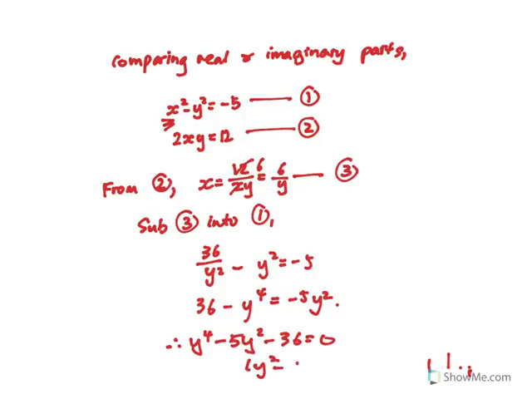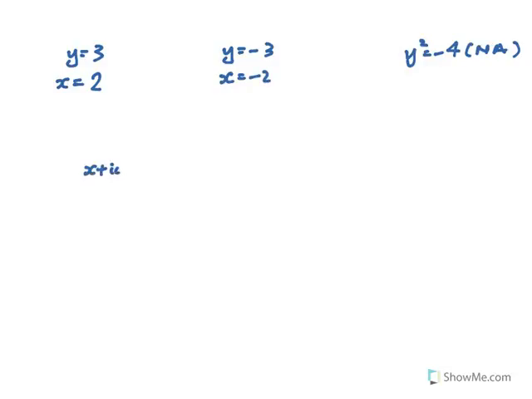You have (y² − 9)(y² + 4) = 0, and it follows that y equals 3 or −3. Y² + 4 has no solution, because remember y is real. So y² = 9, y = 3 or −3, and substituting back into your equation, you have x = 2 for y = 3, x = −2 for y = −3. With that, x + iy equals 2 + 3i or −2 − 3i.